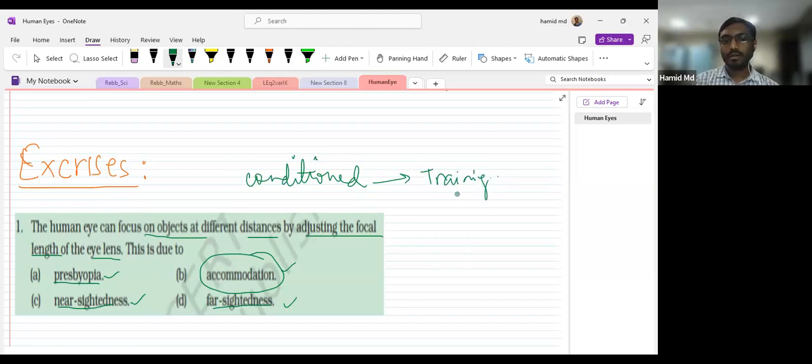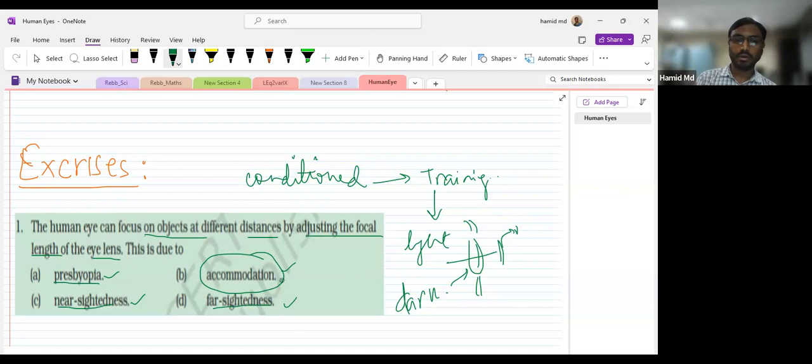And this training means that when there is light, the eye lens arranges itself in such a way that we can see the object, and the image forms at the retina. In dark, it further arranges itself so that darkness can be perceived by our eyes. Is this the situation or something else?